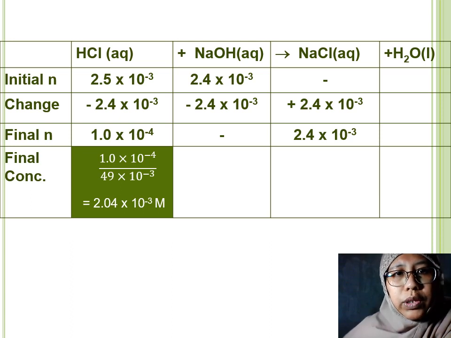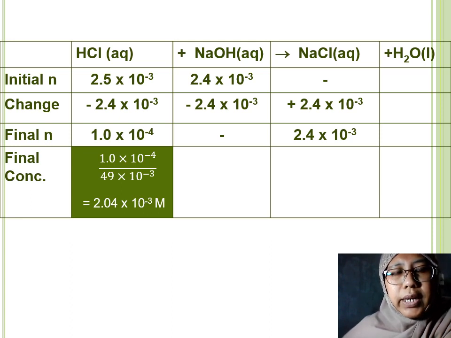Then we look at the change. We're going to use all of the OH minus supplied by sodium hydroxide, which is 2.4 times 10 to the power of negative 3. So 2.5 will be deducted by 2.4, leaving only 1 times 10 to the power of negative 4 mole.